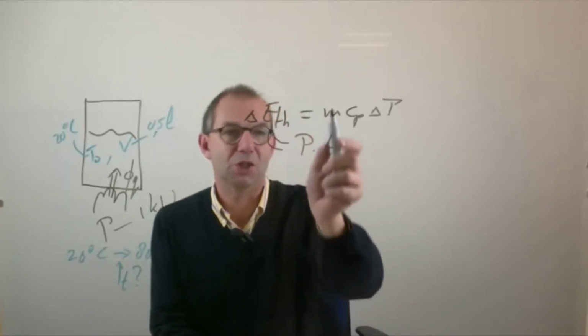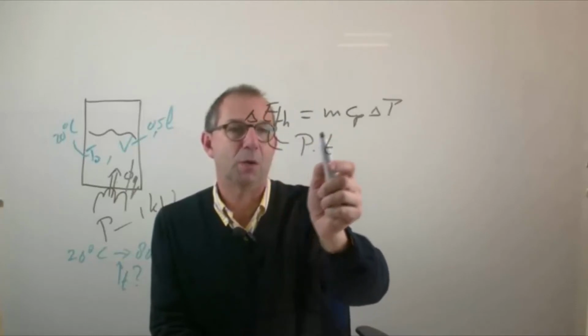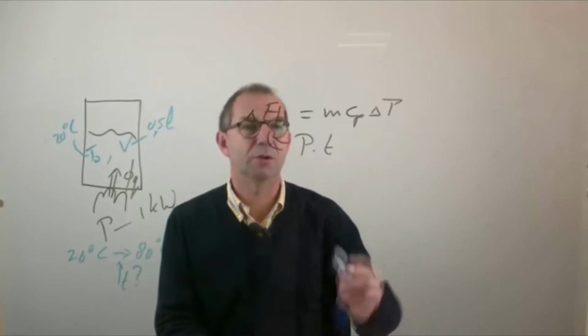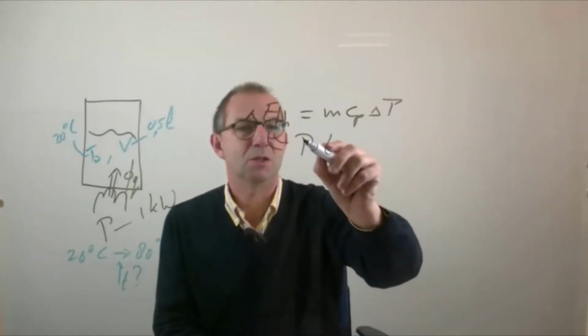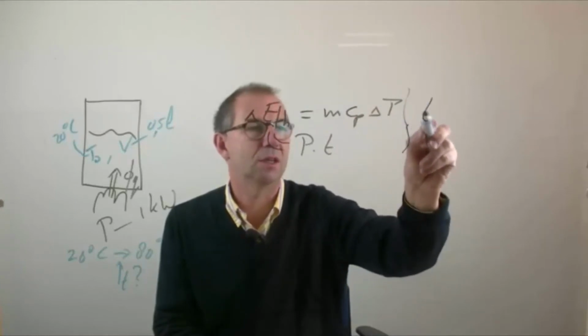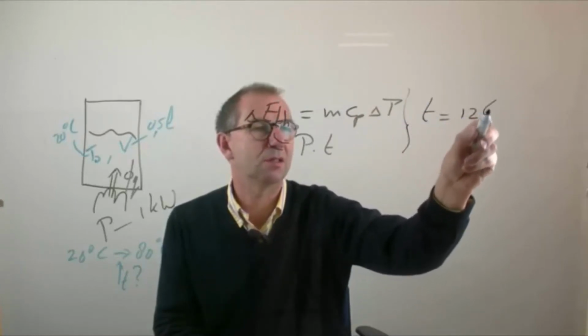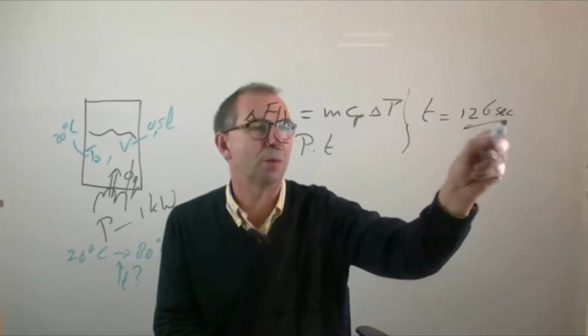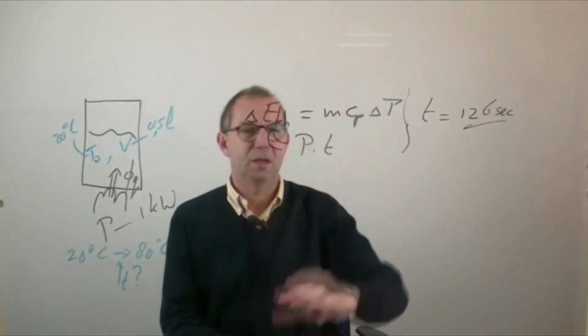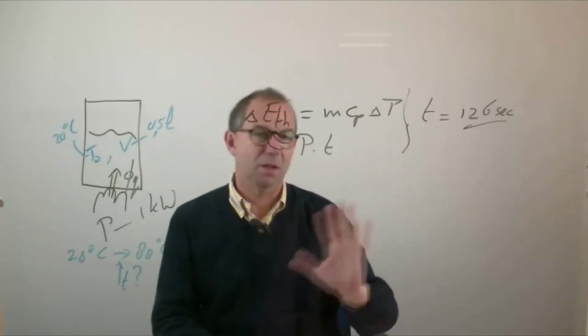So the energy put in is the power times time, basically how long you leave the apparatus on. Since we know P, you can back out that it takes 120 seconds in this example to heat from 20 to 80 degrees. Fair enough. This is easy, quick and dirty, works fine.